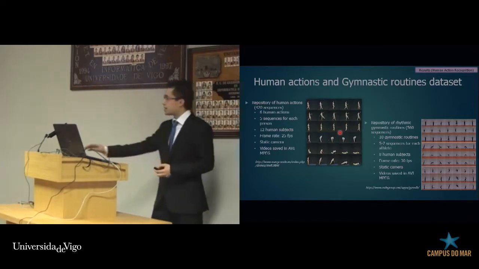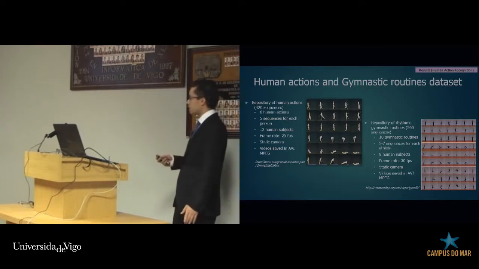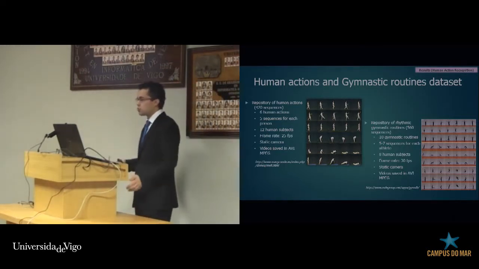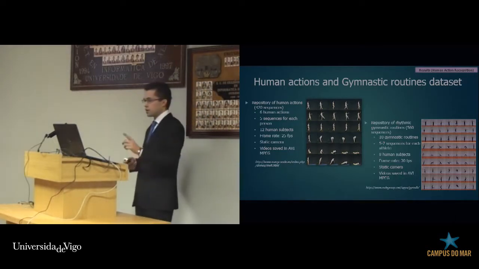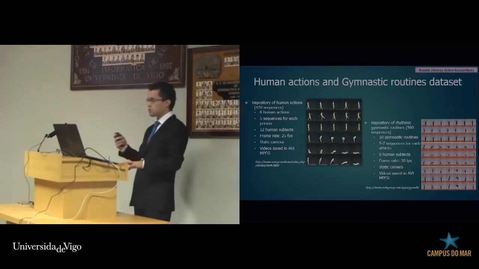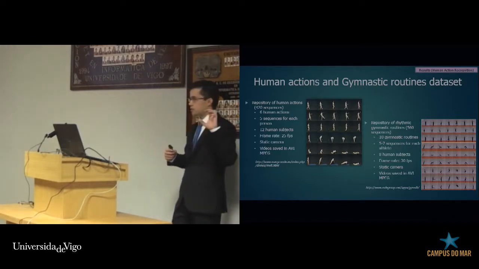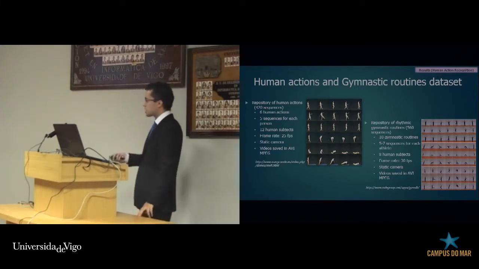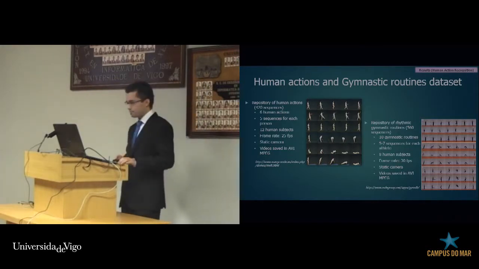To analyze that, we use different public human datasets, but we created two because we wanted to control all the conditions. So this is the repository of human actions with different human actions. We controlled the frame rate, the position of the camera was static, and we created a repository of rhythmic gymnastic movements to try to score these exercises.